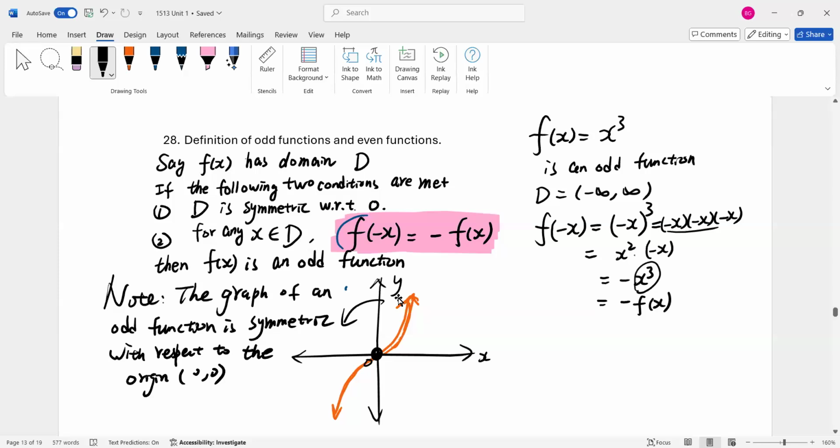That means if you rotate the curve 180 degrees, the resulting curve coincides with the original curve.